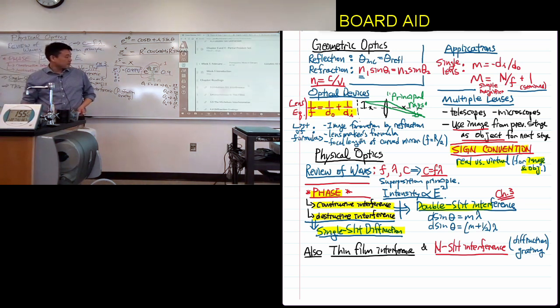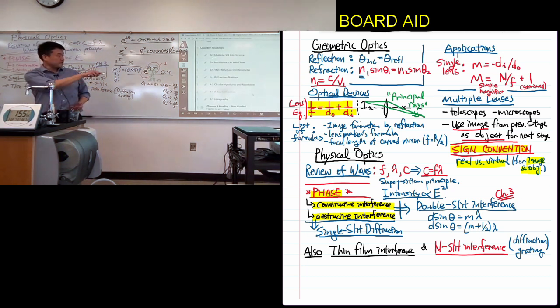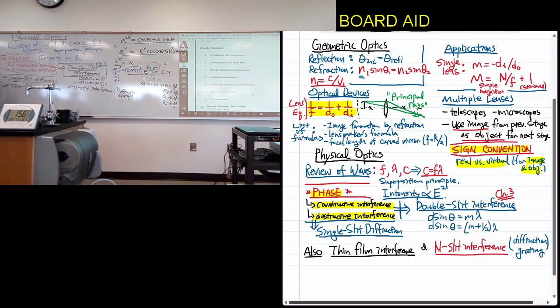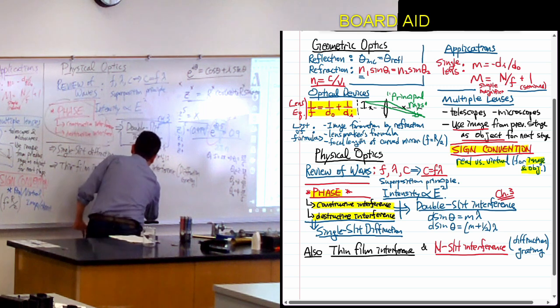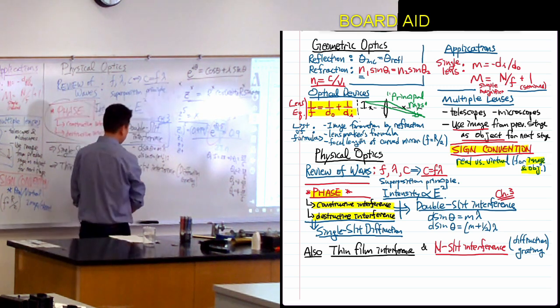And what we finished covering last Tuesday are all these: interference in thin film, multiple slit interference, which leads to the diffraction grating. And I can't believe I forgot this. All of this is leading to something important, and sorry, I got distracted by running out of time.